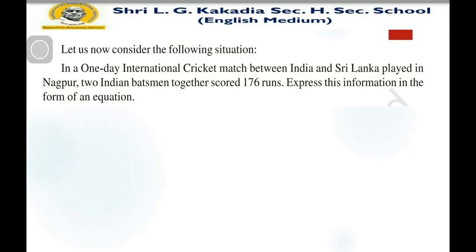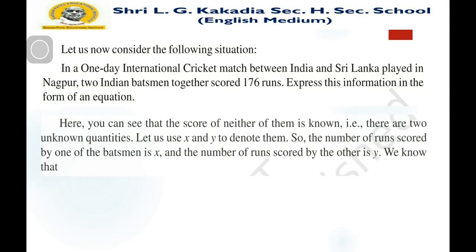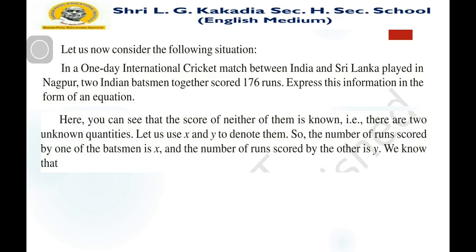So here you can see that the score of neither of them is known. In this problem, for the batsmen there are no separate runs given, that is, there are two unknown quantities.